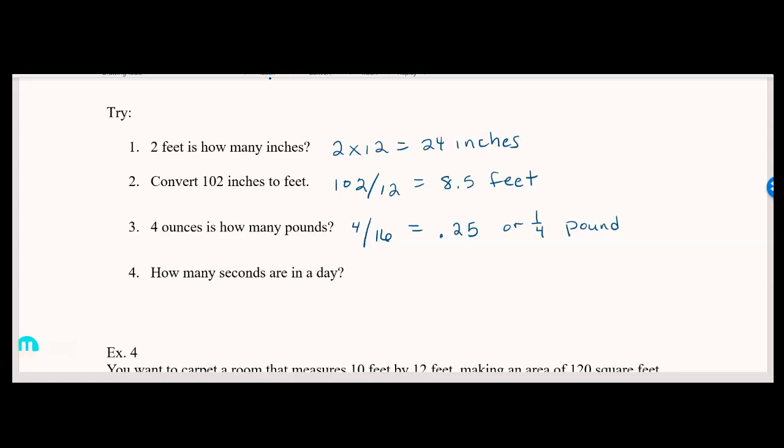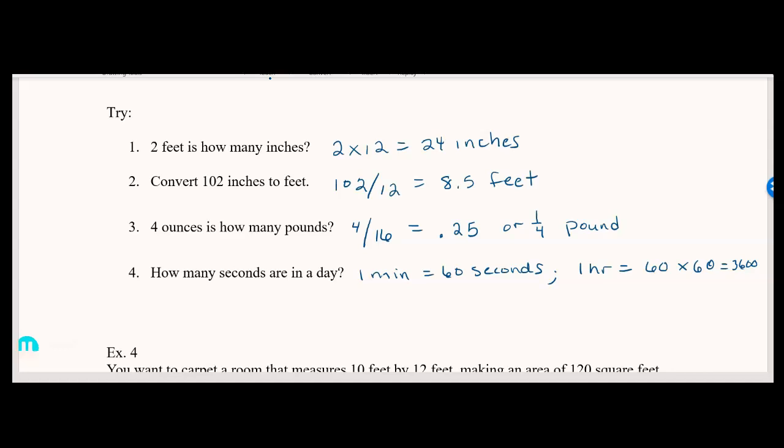Now, there's actually a couple ways you could do this. I'm going to break this down, though, one step by one step. I know that 1 minute is 60 seconds. And I also know then that 1 hour is going to be 60 seconds times 60 minutes, which is 3,600.